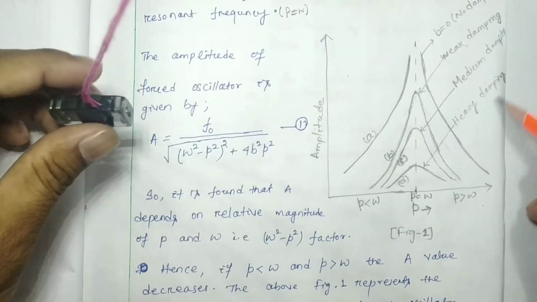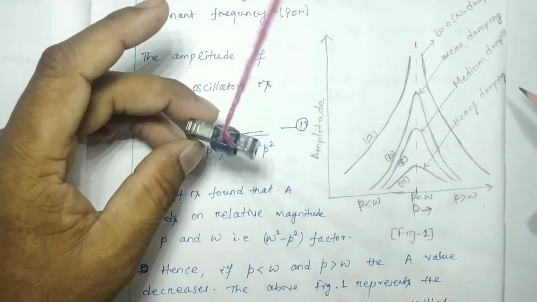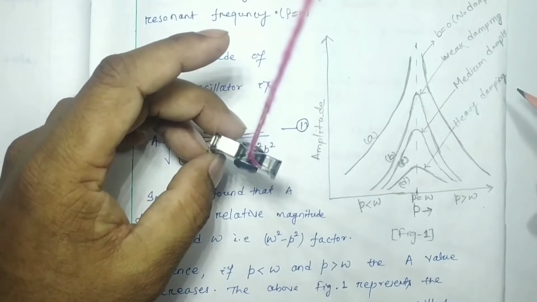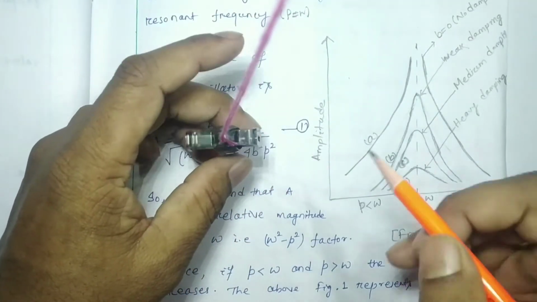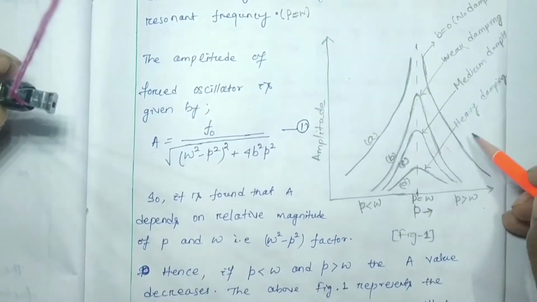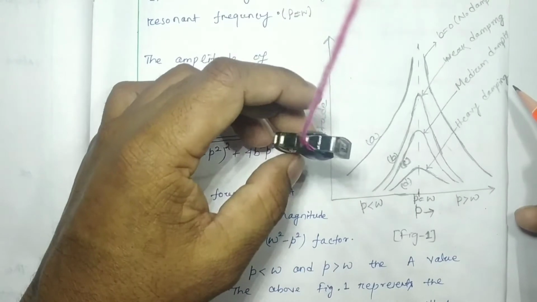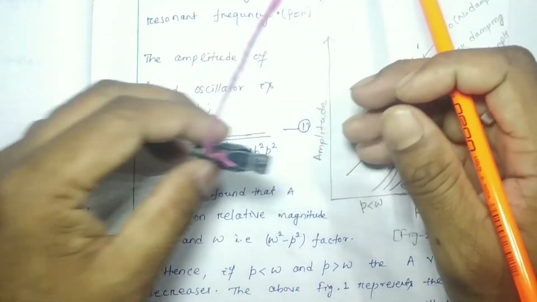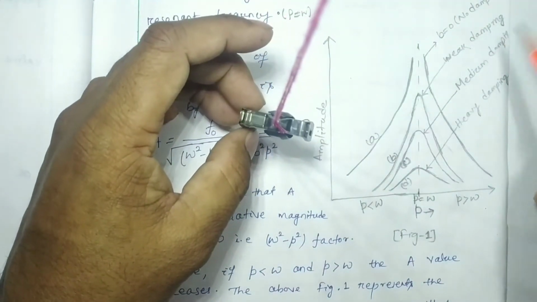For a heavy damping medium, the rate of decrease of amplitude will be lesser. In case of heavy damping, the rate of decrease of amplitude will be slower. For weak damping, the rate of decrease of amplitude will be faster. This is one point.